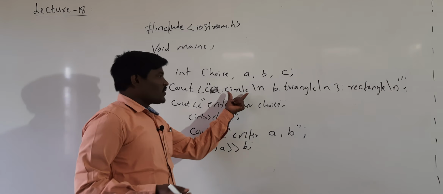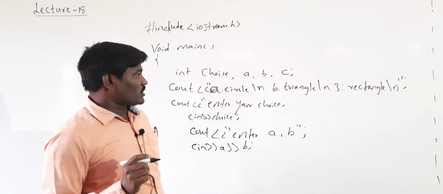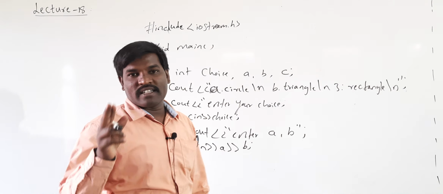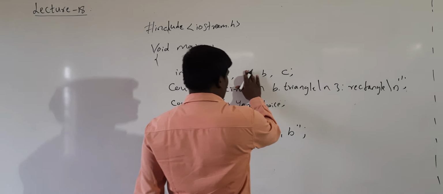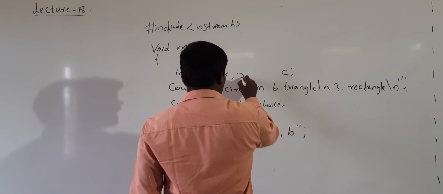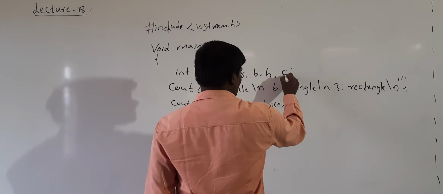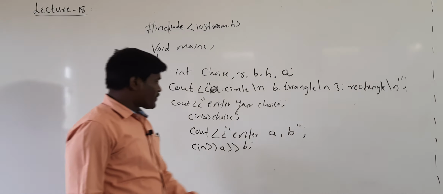Okay, area of circle having only one input, triangle having 2 inputs, rectangle having again 2 inputs. Instead of A and B I have to mention R, B, H, and instead of C I have to write A for area.